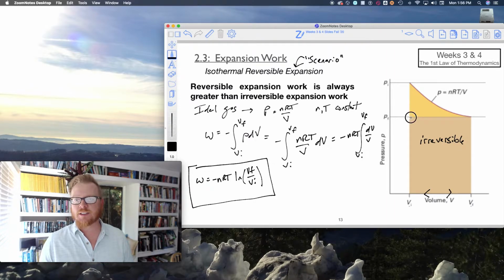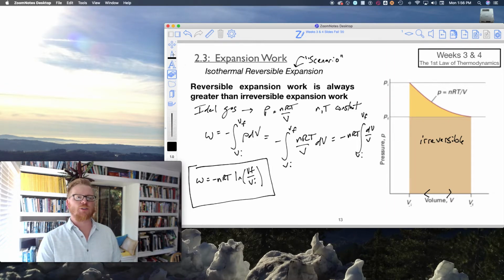I'm just going to say this brown area represents only our irreversible work, because pressure is fixed. It's only going to be along that pressure line, okay?